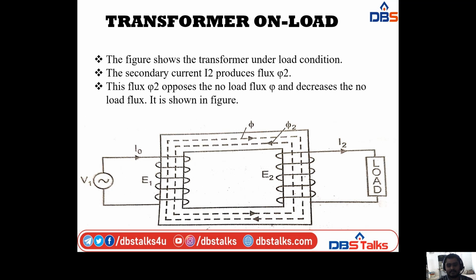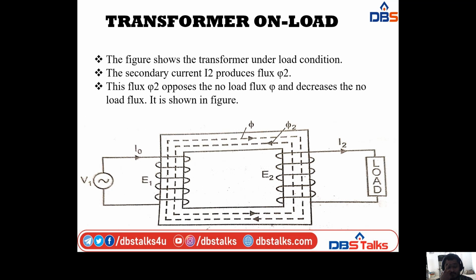If you observe this diagram, we have the magnetic core and the two windings, primary and secondary. In the load condition, the primary winding is connected to the supply voltage and the secondary winding is connected to the load. The primary winding consists of V1, I0 and E1, and the secondary winding consists of E2, I2 and phi2.